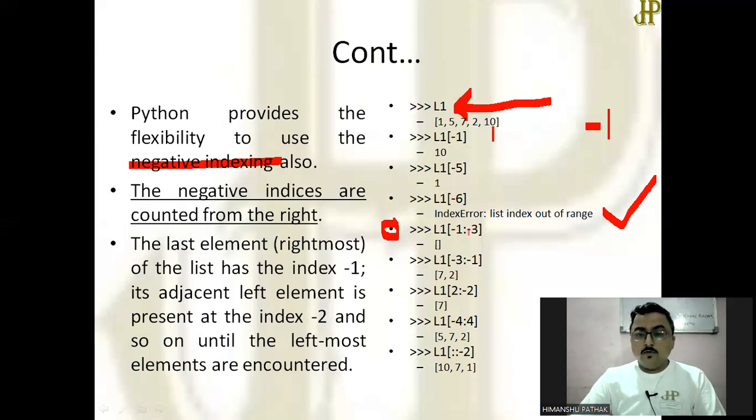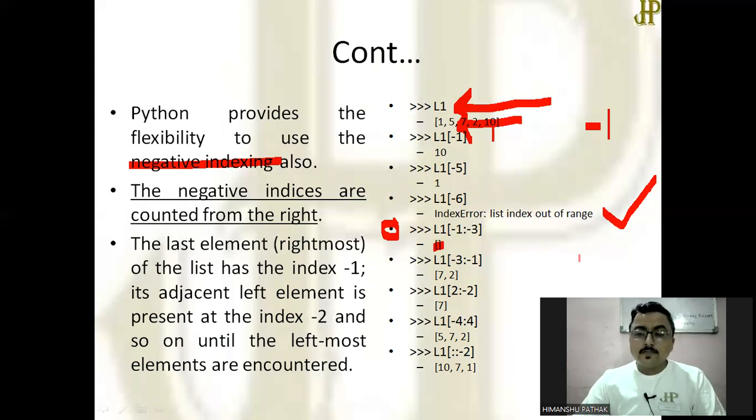Now go up to -3. -3 means -2, -3, that is -4 going in this direction. Printing in this direction is not possible, or you cannot traverse continuously. That's why it prints an empty list.